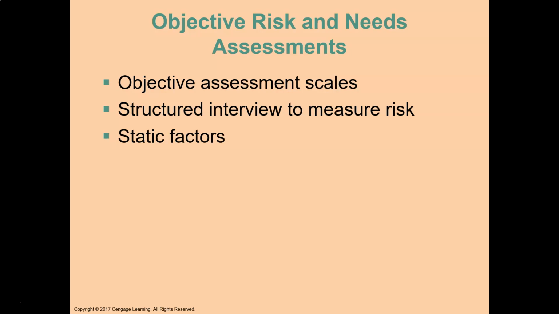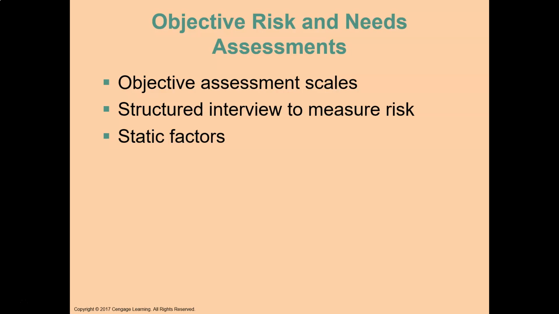There are different things that we can consider when deciding whether or not a person is more or less likely to reoffend. There are things called static factors and there are things called dynamic factors. Static factors are things that cannot be changed.